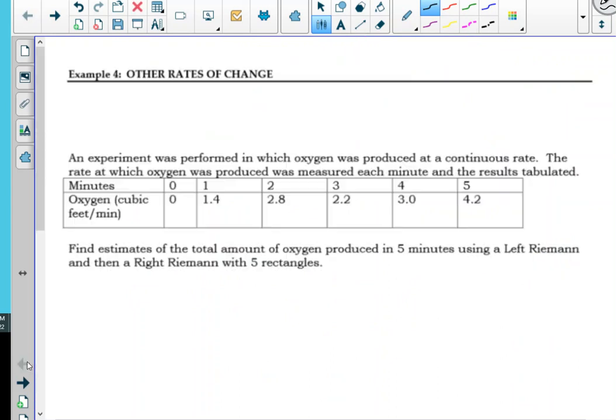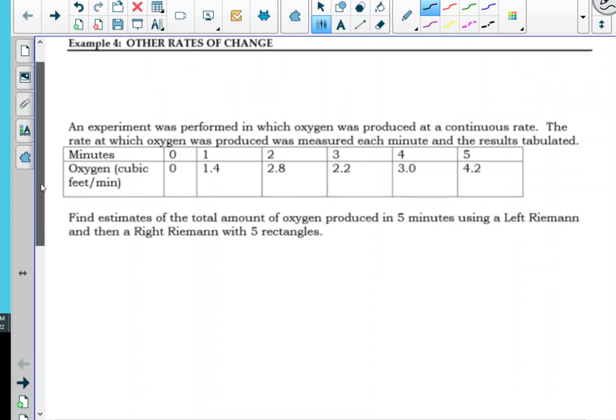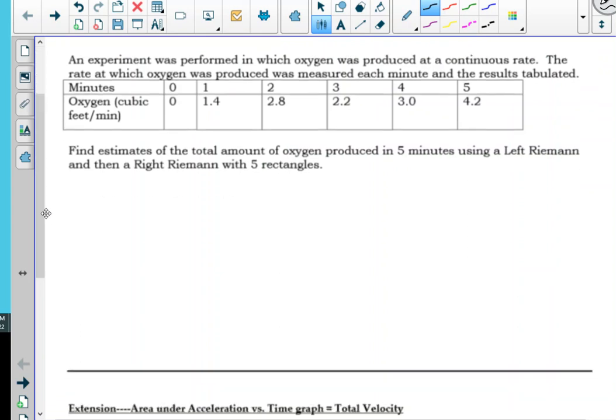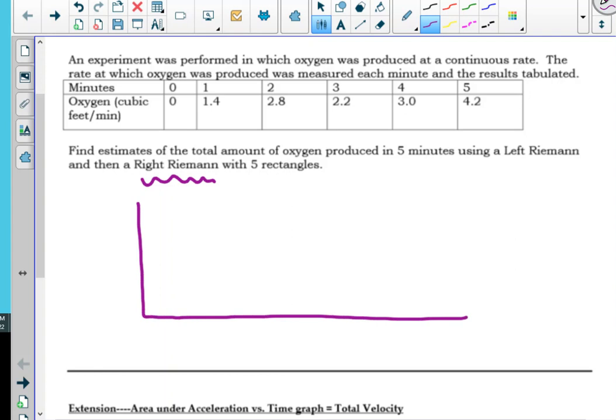Now, if we wanted to do the exact same problem, but with a right Riemann, I sketch the same kind of approximate graph: 0, 1.4, 2.8, 2.2.